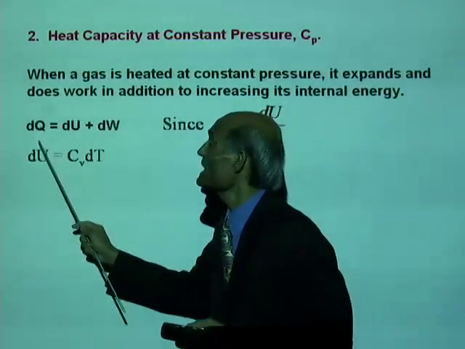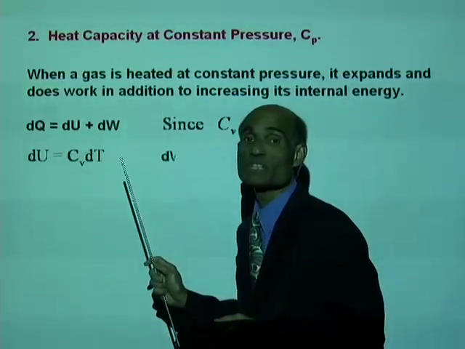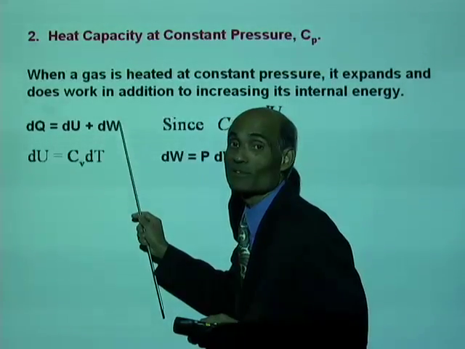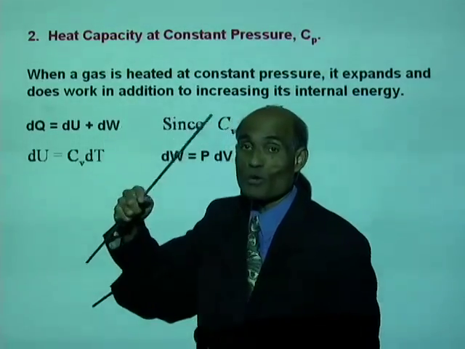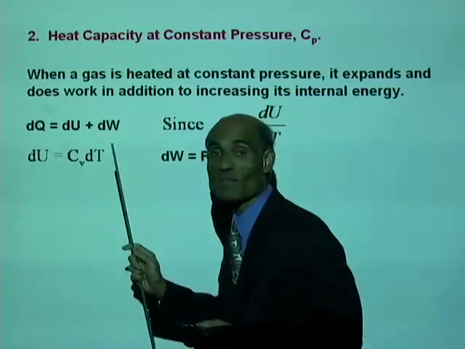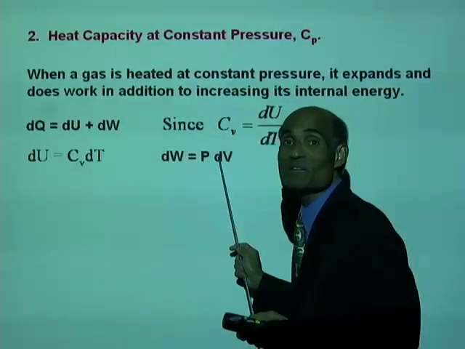So I'm going to say dU equals Cv dT, and dW, I'm recalling all the things that we did earlier. Didn't we do this in the last lesson, that the work done is PdV?